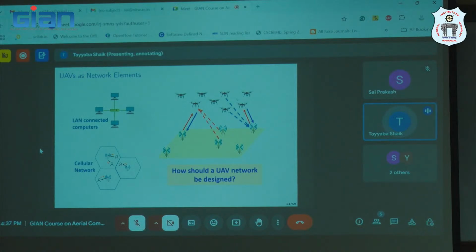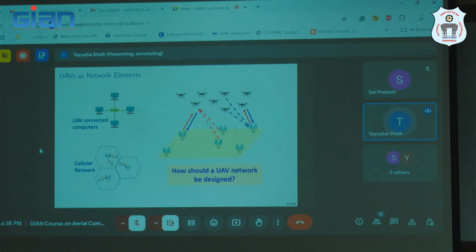Two ways in which this differs is the kind of traffic that we see. For example, for ground users, the traffic is basically text, images or video, or some kind of data that is not mission critical. The data that you exchange is not critical, and it's not time sensitive. You can wait for a second or so to receive the data. But when you look at UAVs as users, that is not the case.